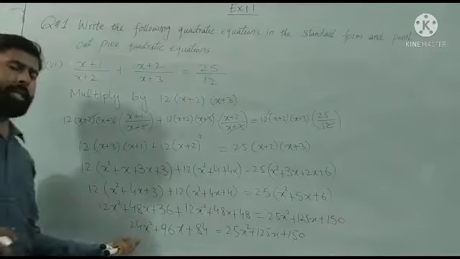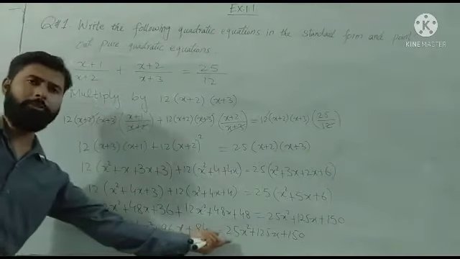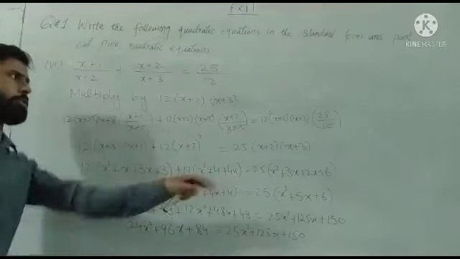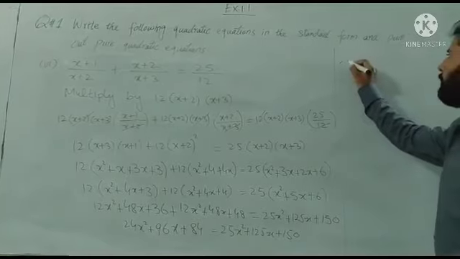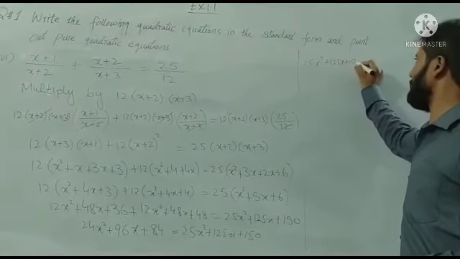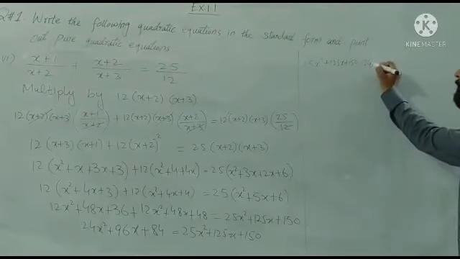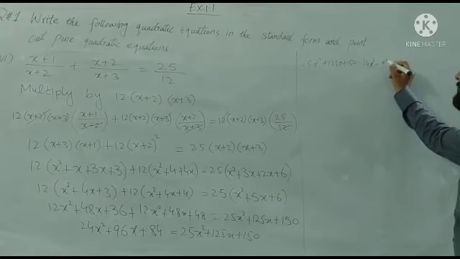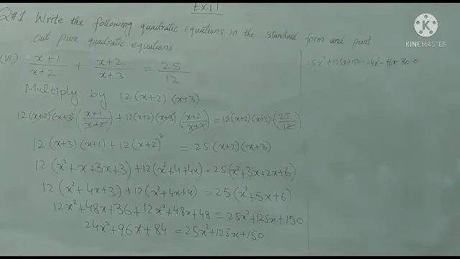Now among x square values, 25x square and 24x square, 25 is greater, so it means we will take this value on the other side. So it will become 25x square plus 125x plus 150. When we take this value on the other side, it will become minus 24x square minus 96x minus 84 is equal to 0.